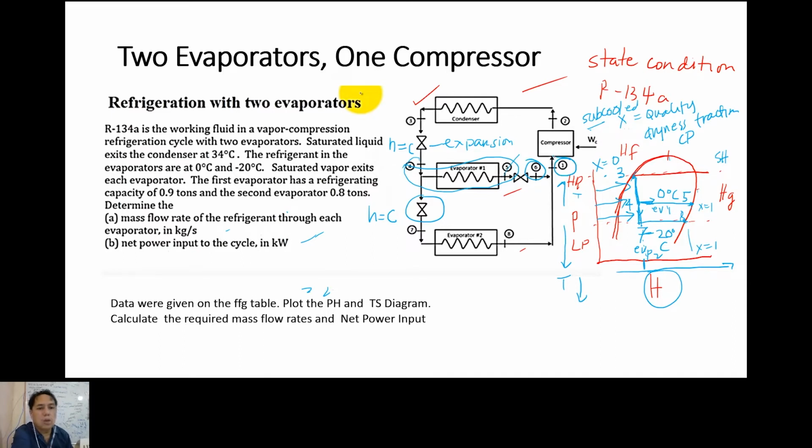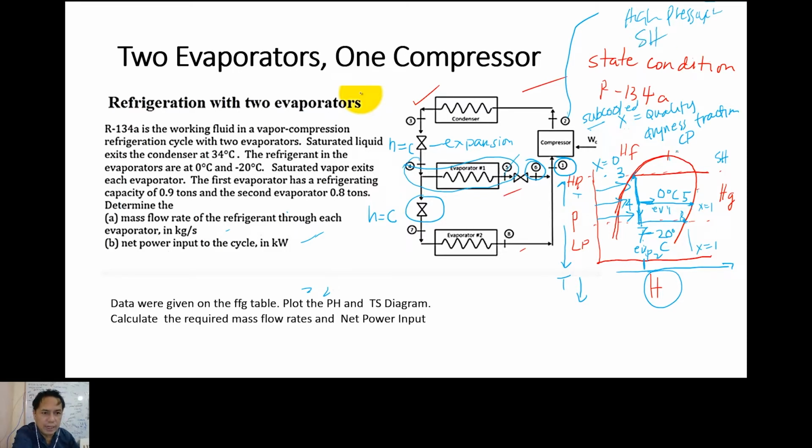Now, the question is, where are 6 and 1? 2 is there. What is the condition of 2? At the exit of the compressor, we know that it is high pressure. From the evaporator, it goes to the compressor, the high pressure region, and we know that it's superheat.